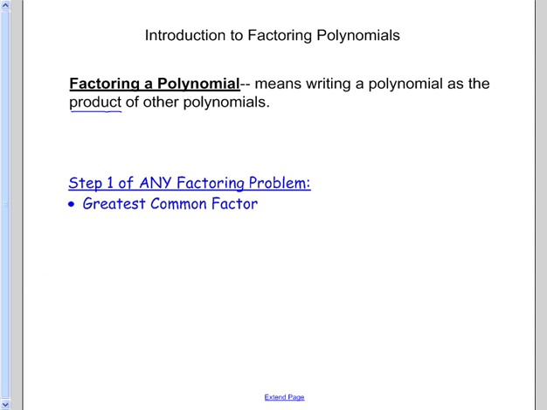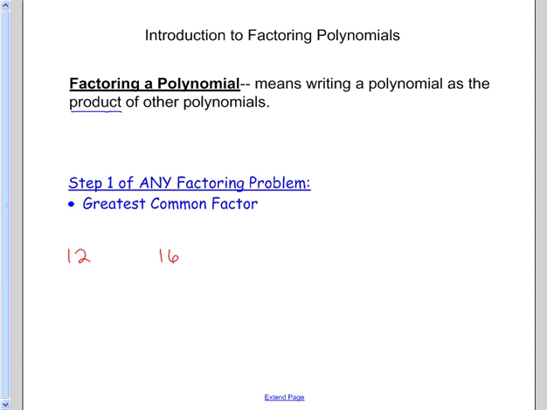Step one of any factoring problem, from this first section to the last section of chapter 4, will always be to look for what we call a greatest common factor. If we're talking about numbers, let's say I have the numbers 12 and 16.